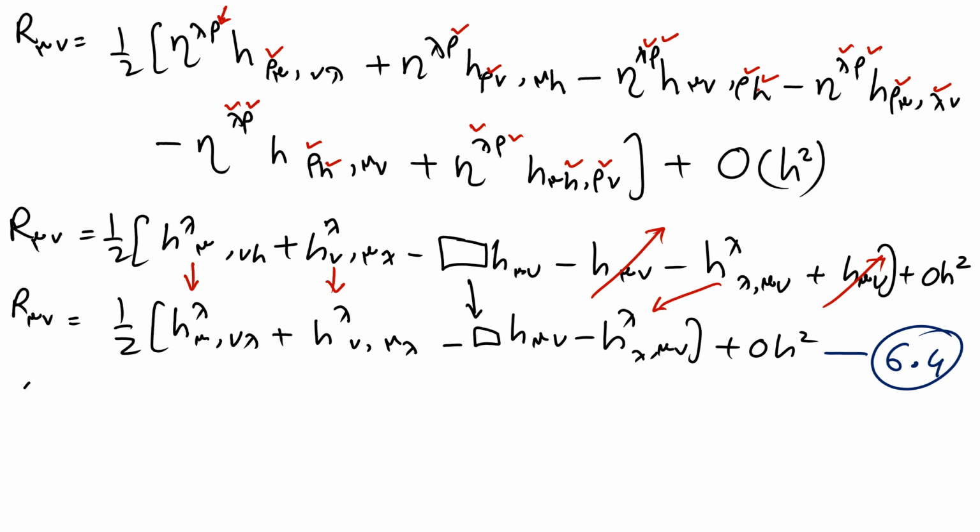From equation 5.25, which my friend already explained, the equation of the Ricci tensor, which is explained in great detail in the book, is equation 5.25.